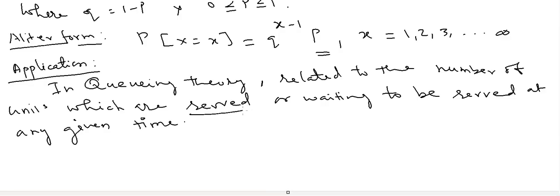So served or waiting to be served, x or x plus 1, once the trial gets a success. So this is the main application of a geometric distribution.